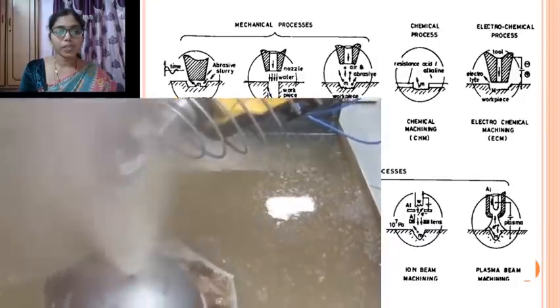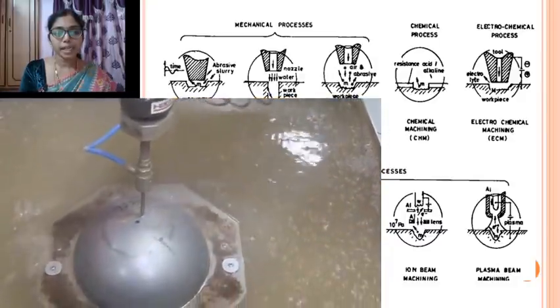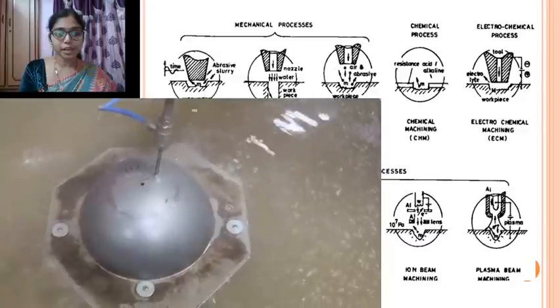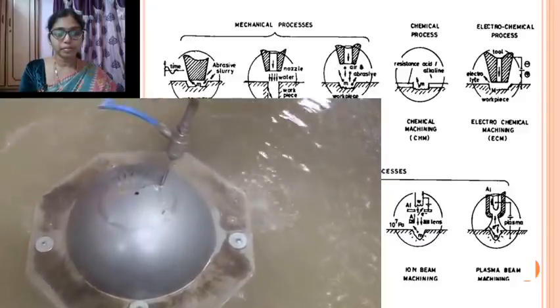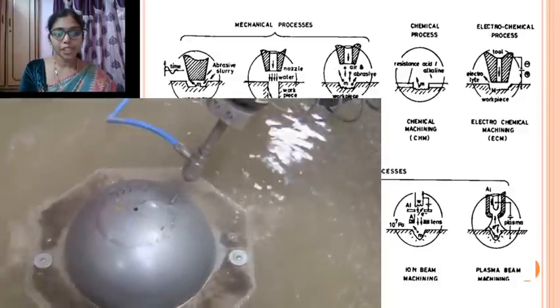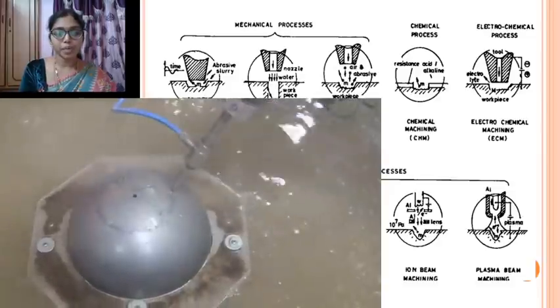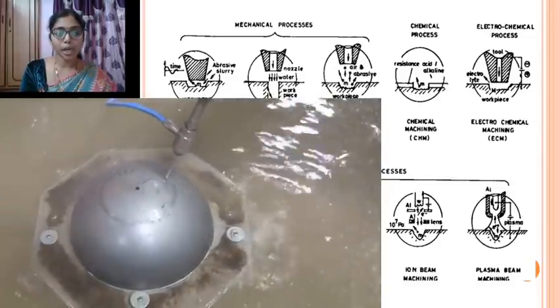That is the nozzle which we are talking about, and that is the jet which is coming out. Highly pressurized water jet mixed along with the abrasive particles.